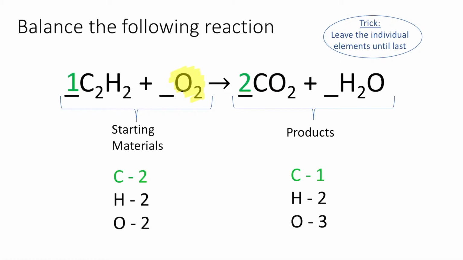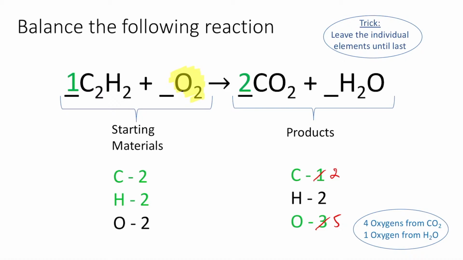I still have 2 carbon on the left side and 2 hydrogen. On the right side of the equation, I now have 2 carbon, and instead of 3 oxygen, I now have 5 oxygen elements. 4 oxygens are from the carbon dioxide compound and 1 of them is from the water compound.